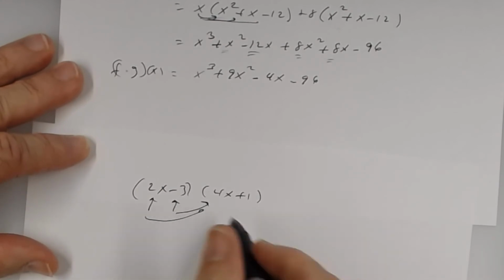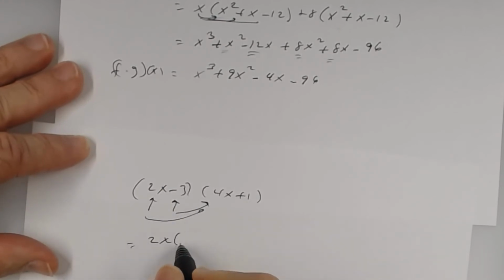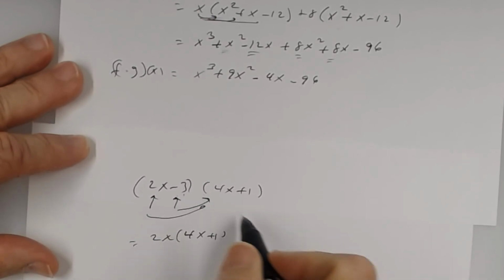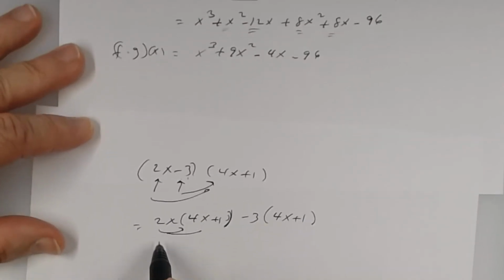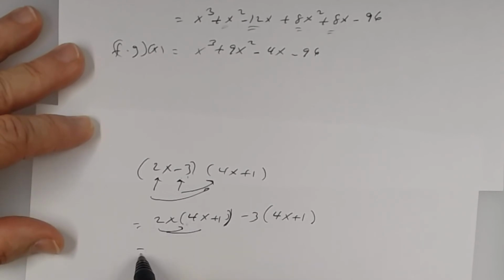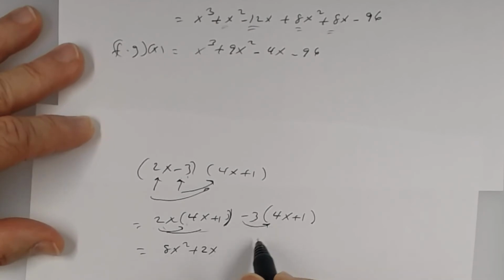The second. So that's 2x times 4x plus 1, minus 3 times 4x plus 1. And if I distribute, I get 2x times 4x is 8x squared. 2x times 1 is 2x, a negative 3 times 4x, and a negative 3 times 1.